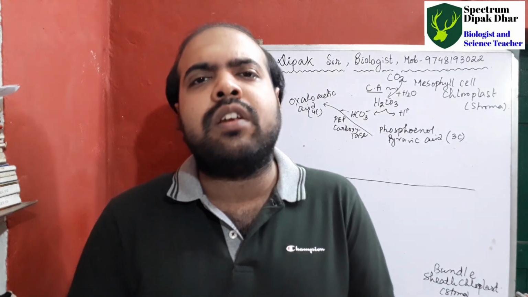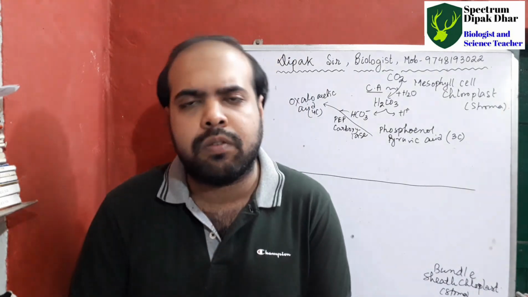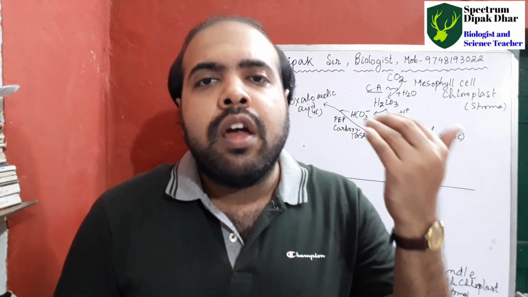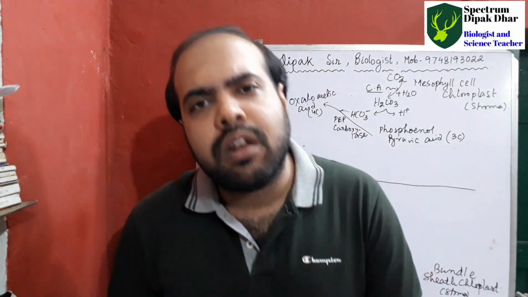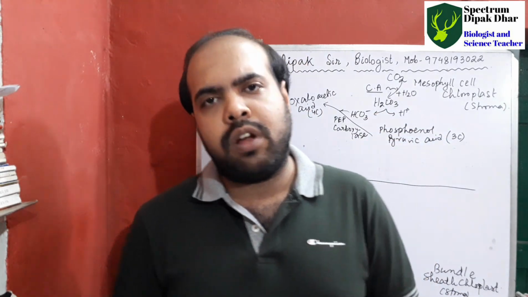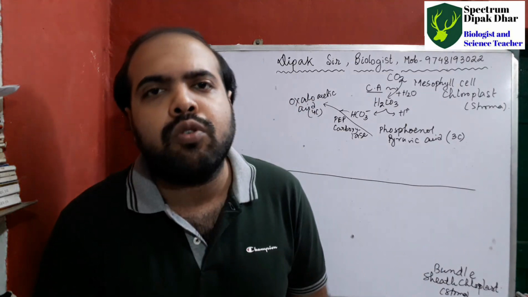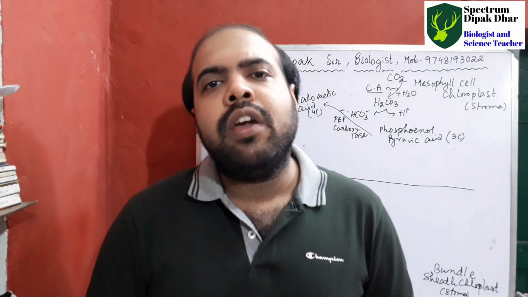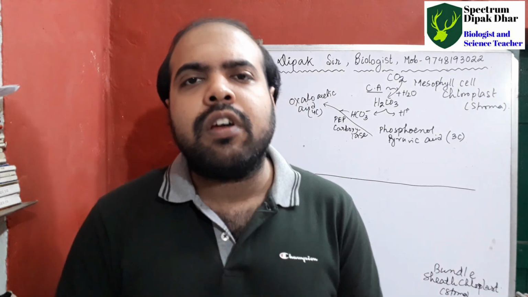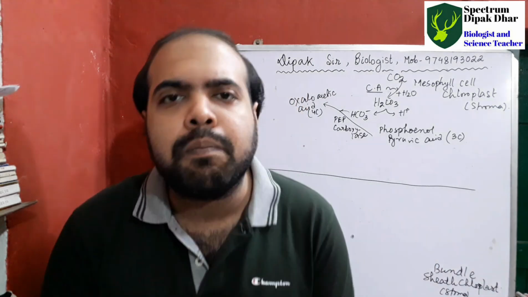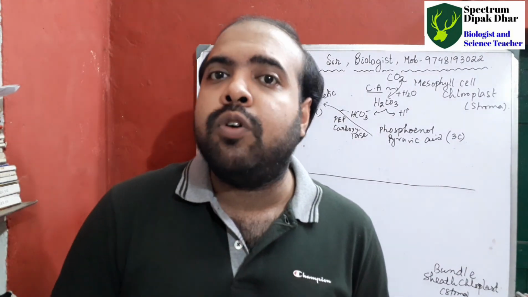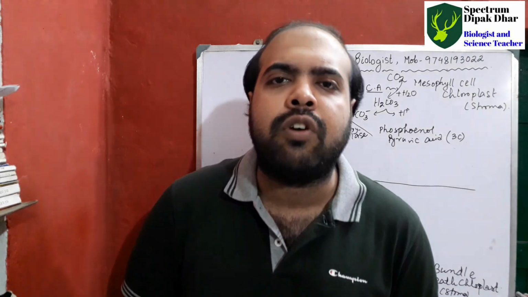Together it is called the redox potential. So there must be some electron acceptor and there must be some electron donor. Now as I am saying to all of you that oxaloacetic acid will be reduced, that means oxaloacetic acid will be accepting electrons and hydrogen, but there must be some donor of that particular electron and hydrogen.